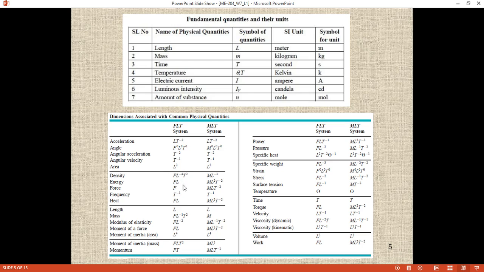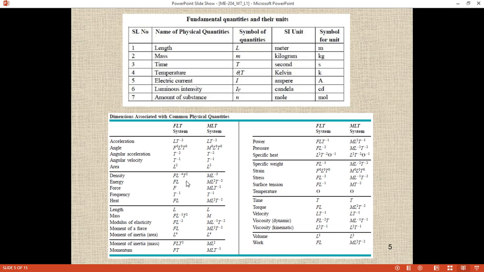Here the energy, you know what energy is, basically the work done. You can take it as force into displacement. In the FLT system force is directly indicated with F, multiplied by displacement, that is L. But if you convert in the MLT system, you have to convert force into mass.